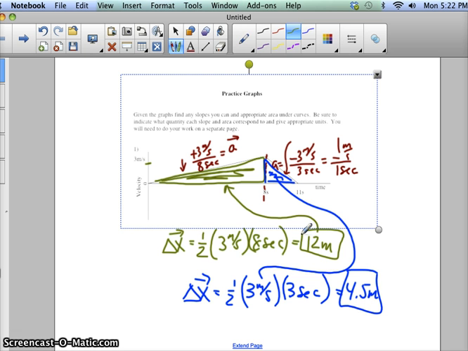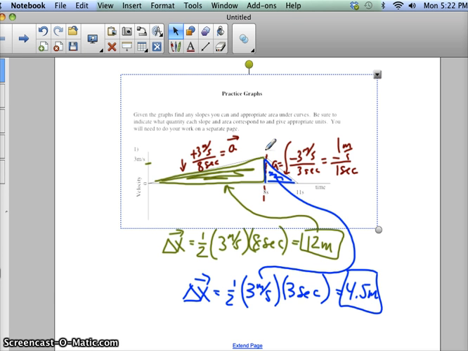So it looks like the overall displacement from beginning to end is 16.5 meters. So the final position of the object minus the beginning position of the object is 16.5 meters. In other words, the object changed its position in the positive direction by about 16.5 meters. So that's your first example.